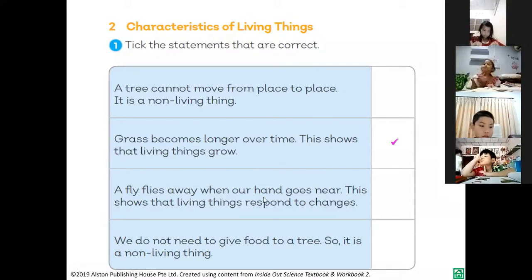All right, number 3. A fly flies away when our hand goes near. This shows that living things respond to changes.